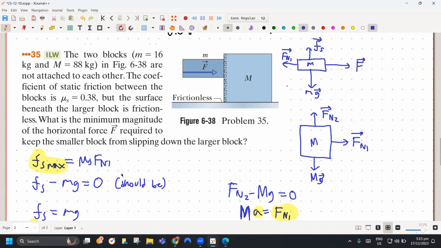Small m is 16 kilo. Tapos 88 yung malaki. Okay. So, dito, 16 times 9.8.